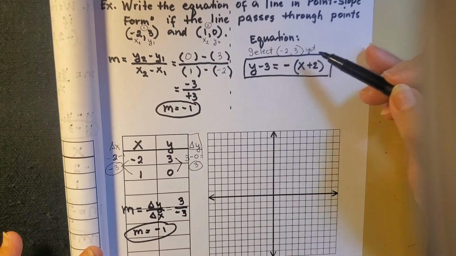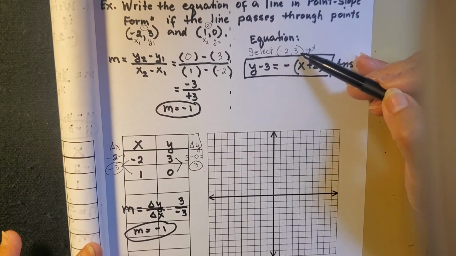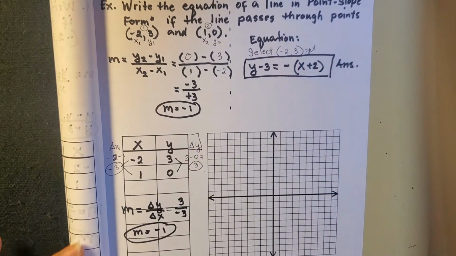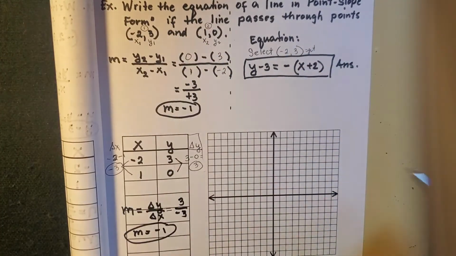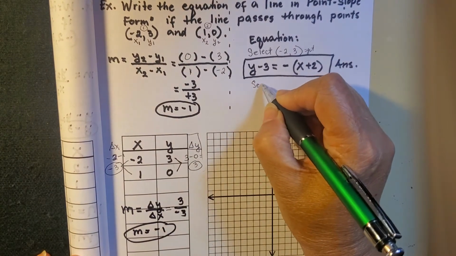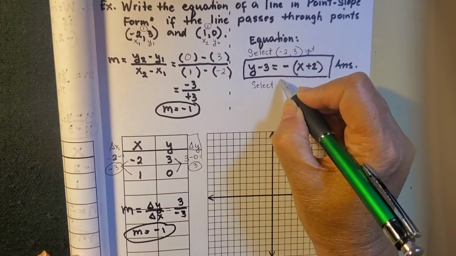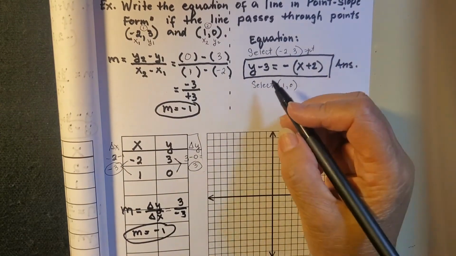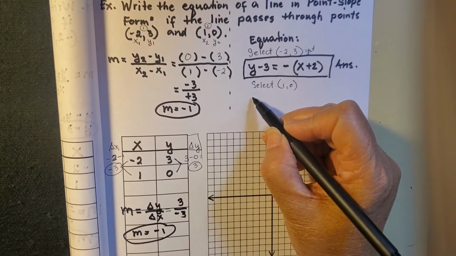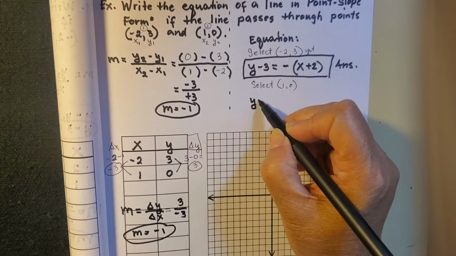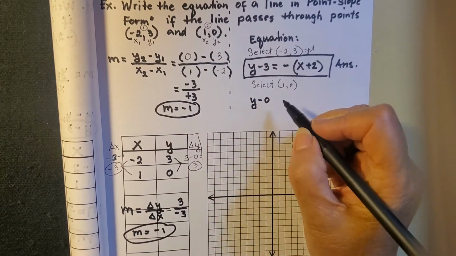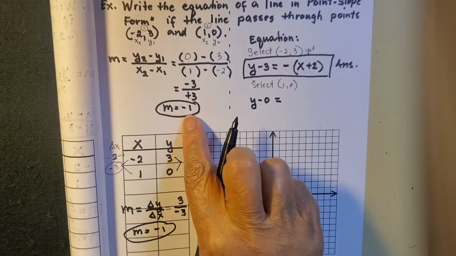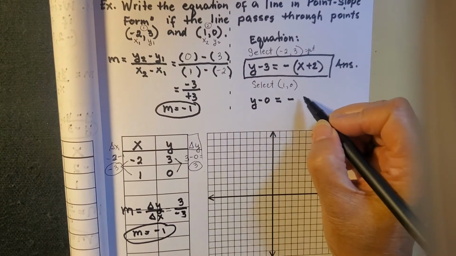That was if I select negative 2, 3 as my point. What about if I select the other point? Okay. 1, 0. So my equation will be y minus 0 equals the slope, which is negative 1.